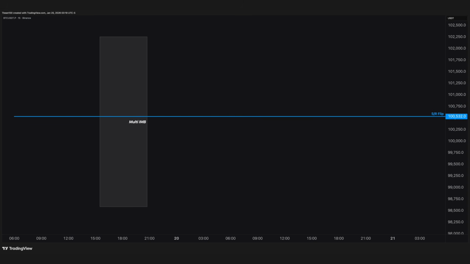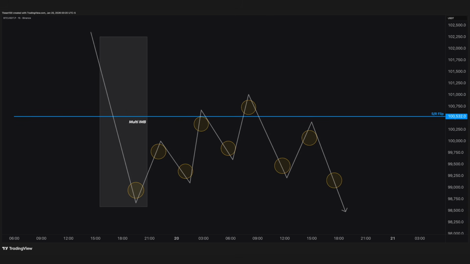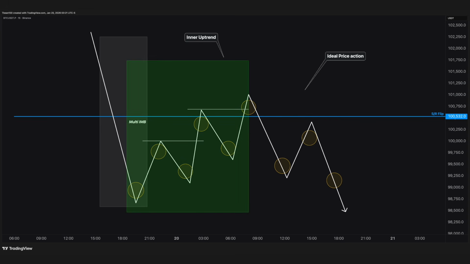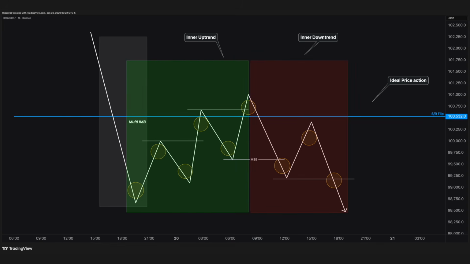For example, ideally, seeing an SR flip area along with the special structure movements inside these imbalance areas would be great to see. So, for example, price making higher highs during an internal pullback, which I like to call an inner uptrend, is what we want to see first as a pullback. Then what I would like to see next is a clear shift in the structure.